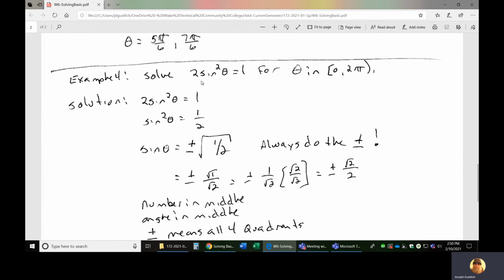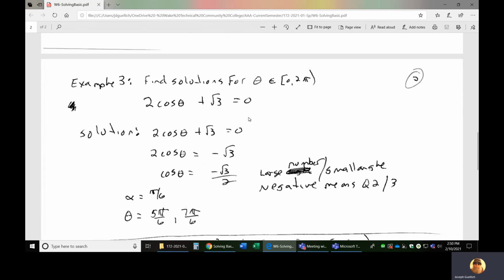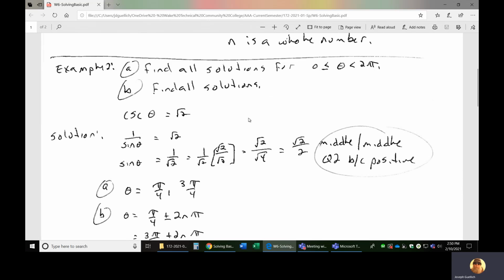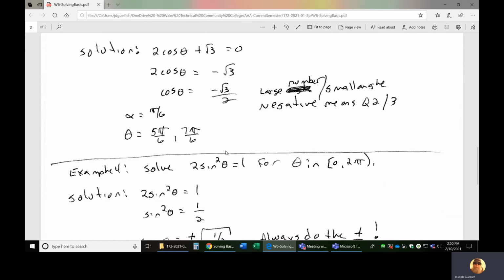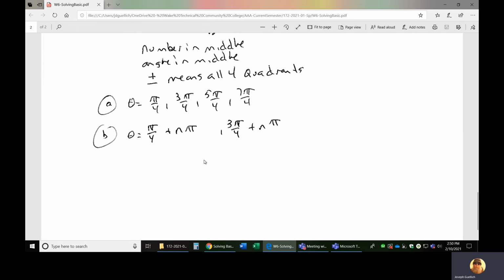I didn't specify part A and B, but sometimes the part B, all the coterminal solutions, will get simplified. I don't really care if I ask you on a quiz or a test whether you simplify it, but the lab manual sometimes does. So you can see pi over 4 and 5 pi over 4, that's quadrant 1 and 3, they're separated by pi.